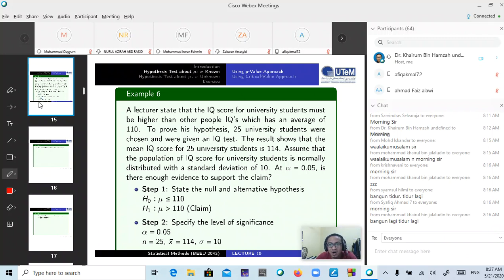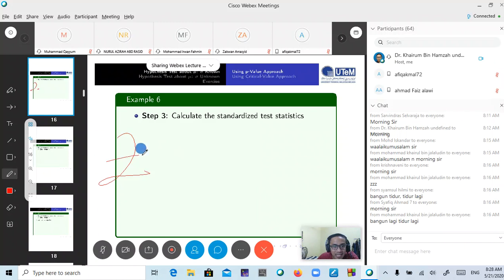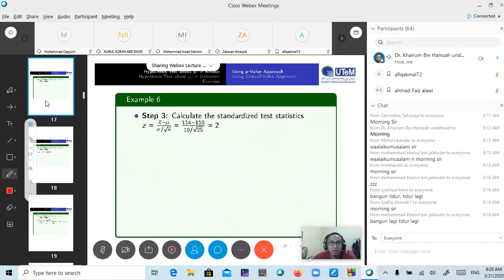So after you have all these items, you can find step 3. Calculate the standardized test statistic. How to calculate? We know that Z equal to X bar minus mu divided by sigma over root n. Okay, so just substitute here, so you can get the value of Z.